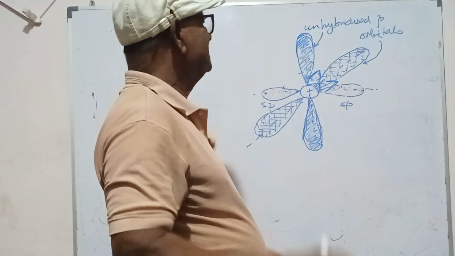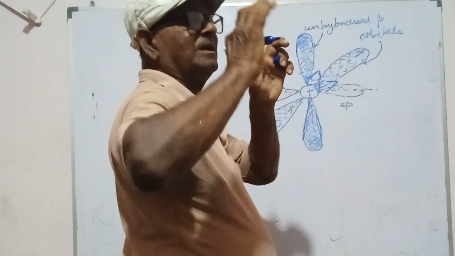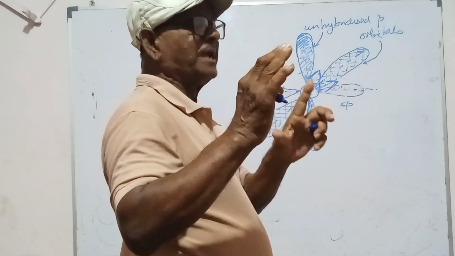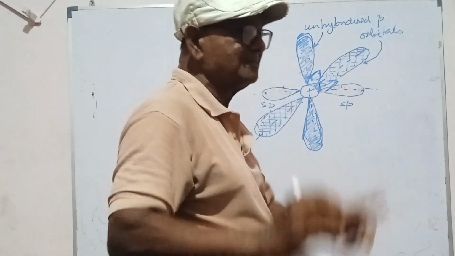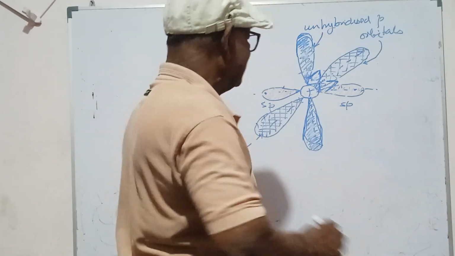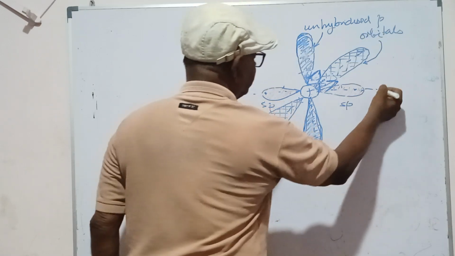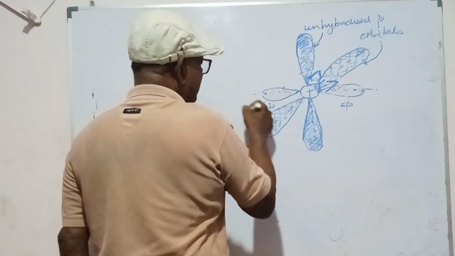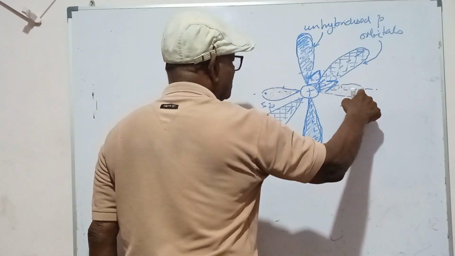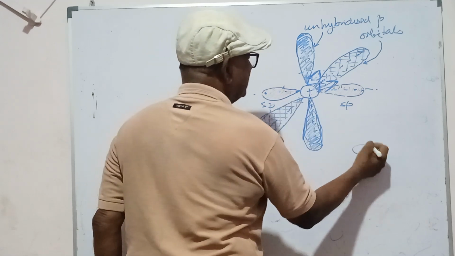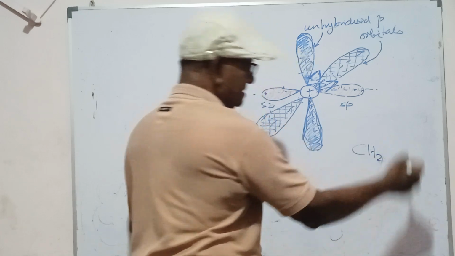I told you that unhybridized p orbitals do not participate in the formation of sigma covalent bonds. Right? Then if this one combines with an H atom, and this also with another H atom, C with 2 H atoms, CH2, no compound, CH2 no compound.